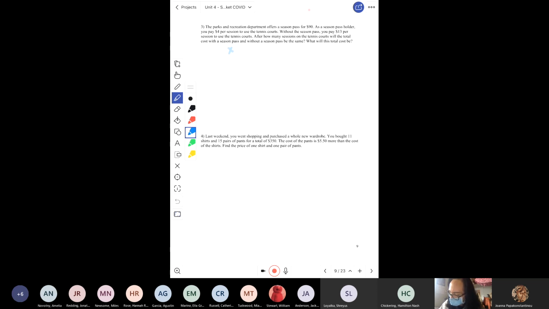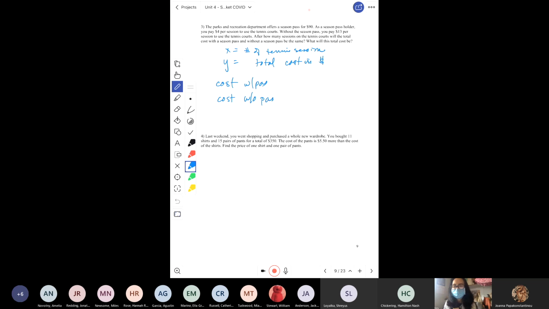So maybe let X equal the number of tennis sessions, right? And Y equal total cost in money. So we have two equations. We have a cost with the pass, and we have the cost without the pass, right?